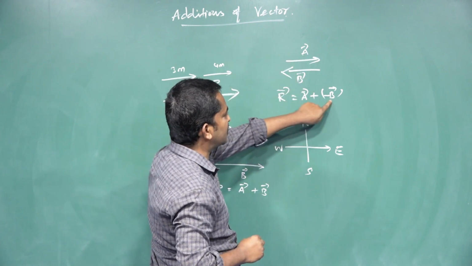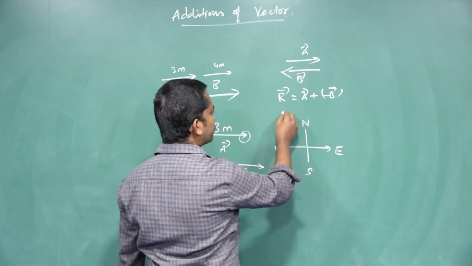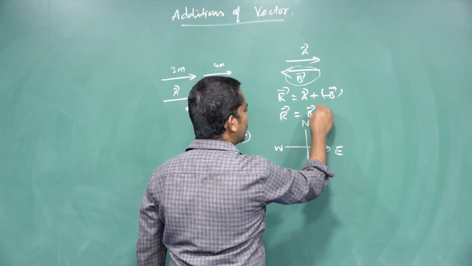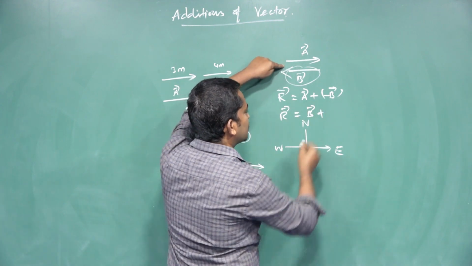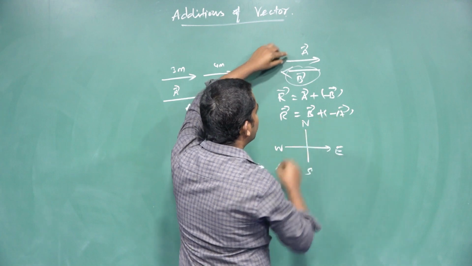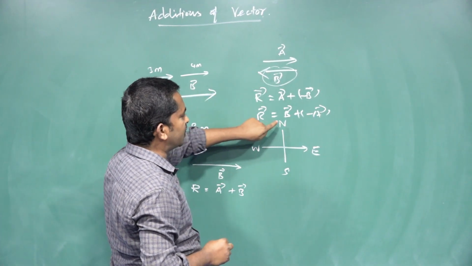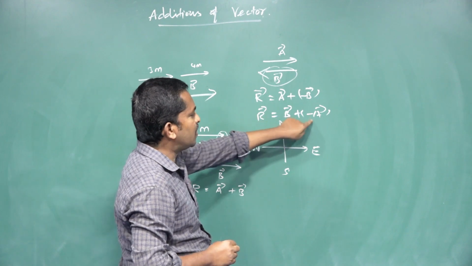So that's why B vector is minus. Or if B vector is positive, R vector is equal to B vector plus minus A vector, because A vector is in the opposite direction of B vector. So the resultant vector R is equal to B vector minus A vector.